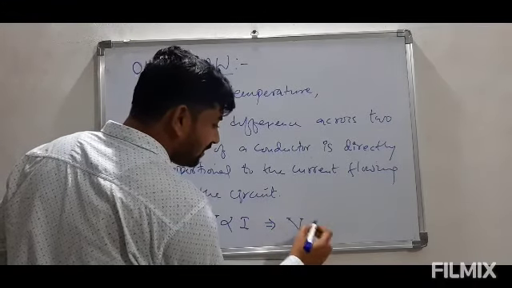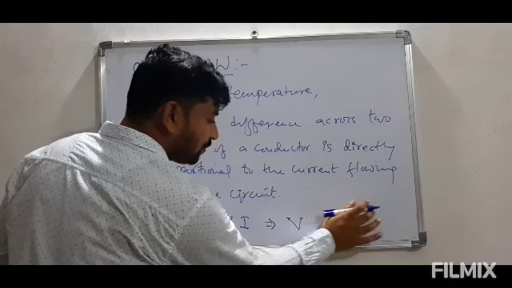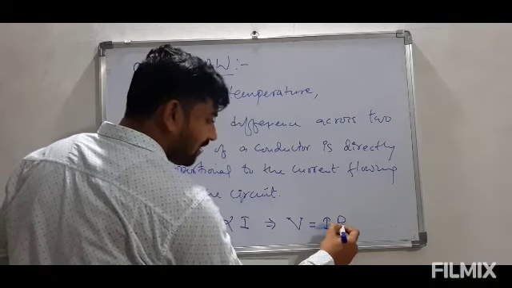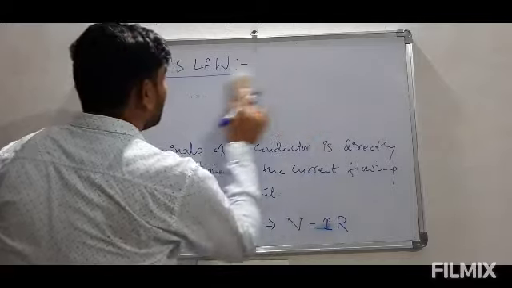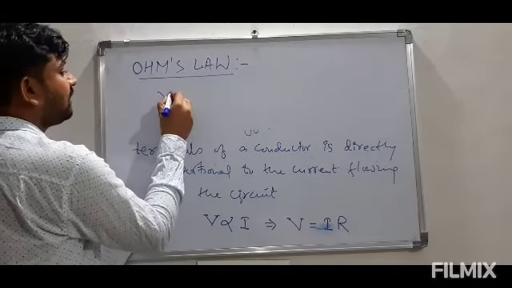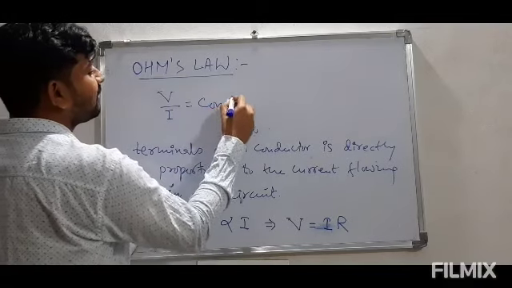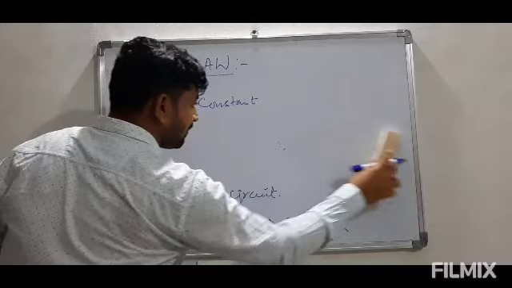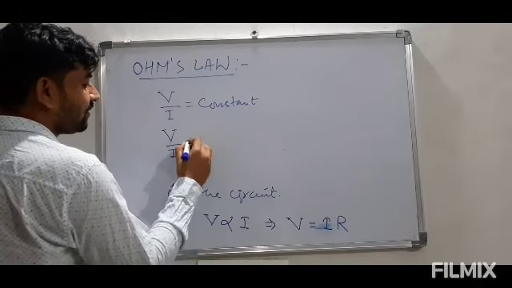Here if we remove this proportionality sign, that constant is put, that is R, or we can say V upon I. This ratio is constant, and this constant value was given the name of resistance.